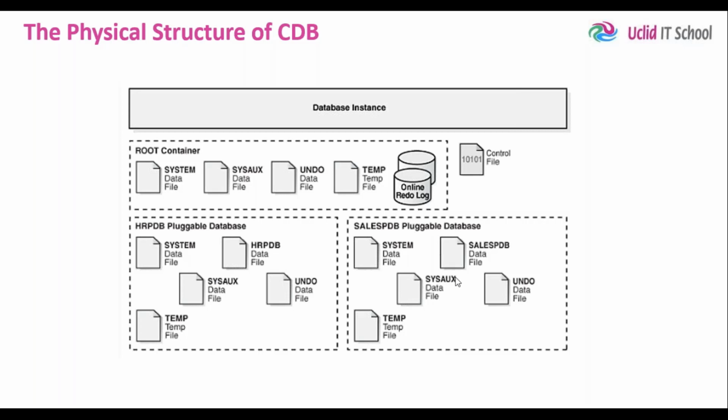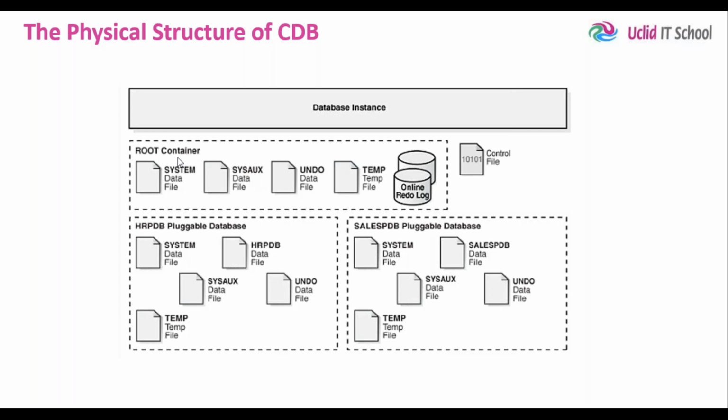Similarly, the sales PDB has its own files: system, sysaux, undo, temp, and a sales PDB file to store sales application data. And the sales PDB administrator can create additional tablespaces as required.